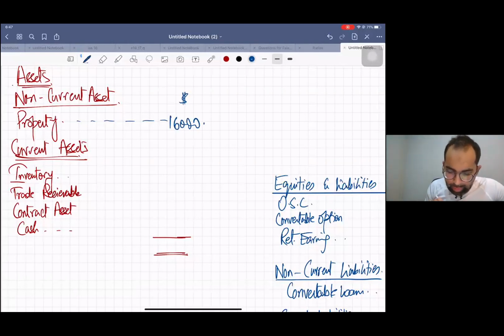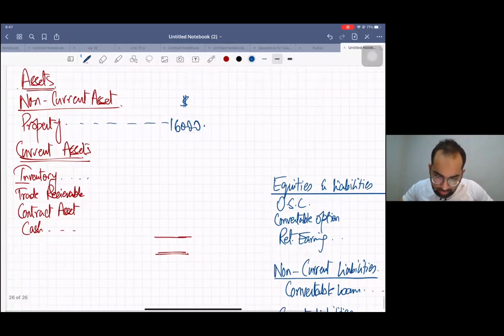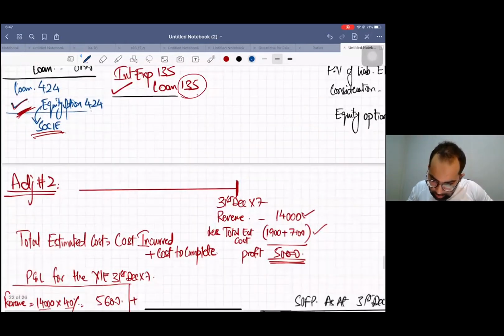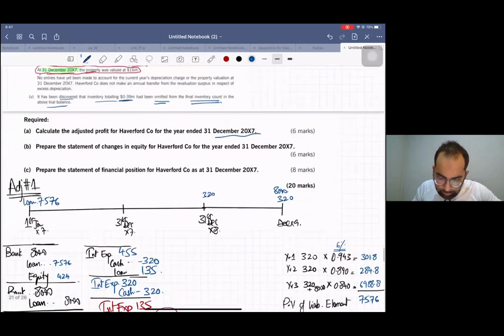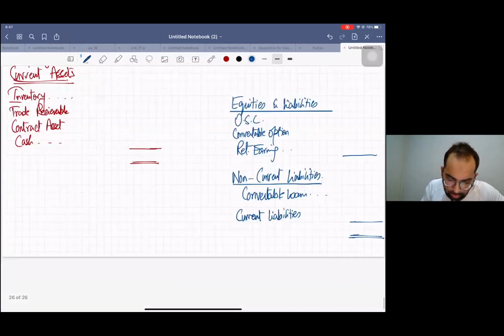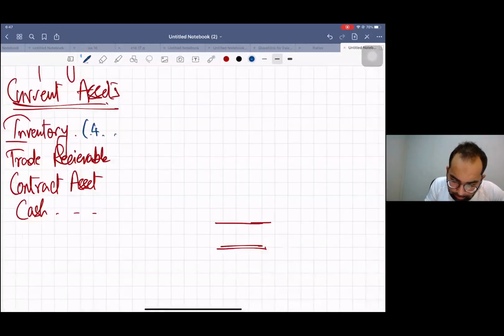Okay. Now let's come to inventory. What's the inventory already in the question? Wait, let me check. The existing amount of inventory was 4310.